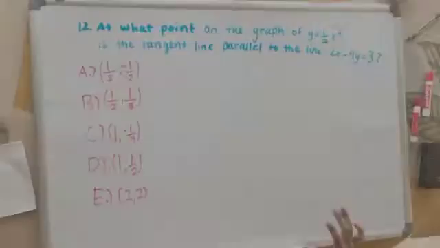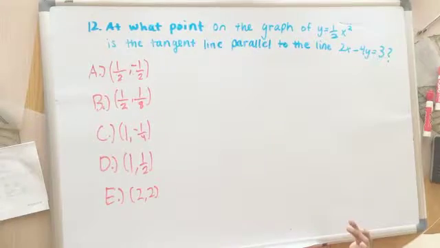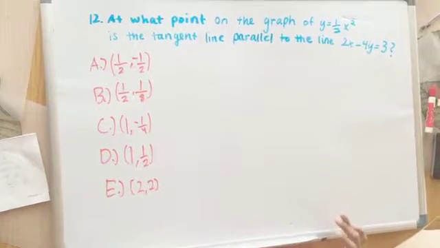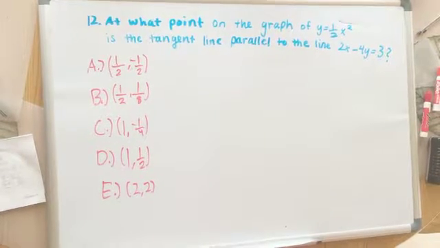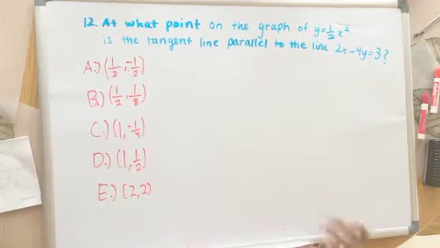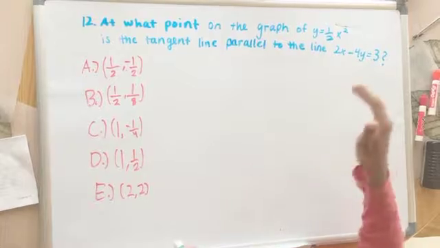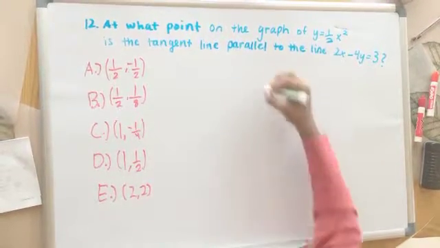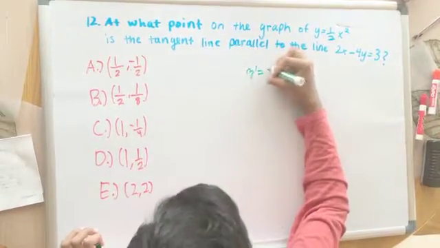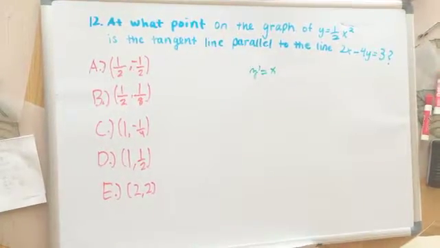Next problem: at what point on the graph of y equals 1/2 x squared is the tangent line parallel to the line 2x minus 4y equals 3? So again, we're looking at a tangent line, which means we need to find the derivative of the original function, which is y equals 1/2 x squared. So the derivative is y prime equals x, because of the power rule.